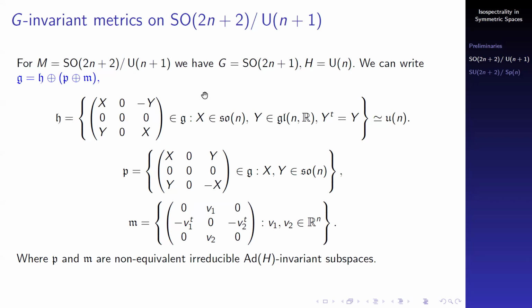H is U(n), and we find that the complement has two irreducible components. So g is h plus p plus m, where this is p and this is m. And p and m are non-equivalent, irreducible, Ad(H)-invariant spaces. So if we want to study metrics, we have to put an Ad(H)-invariant inner product on p plus m.